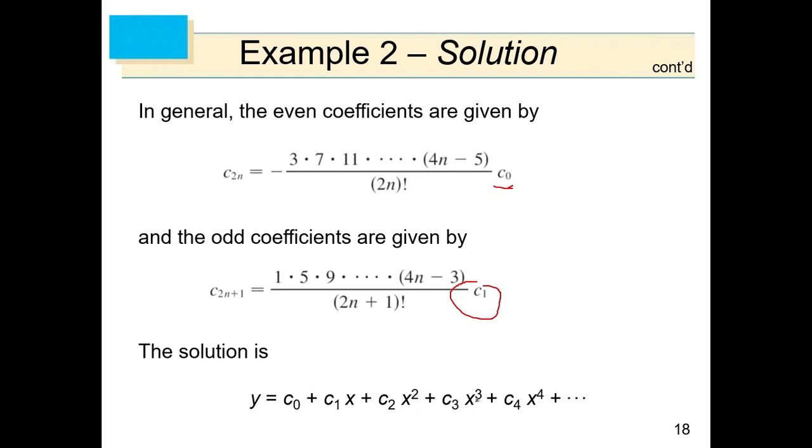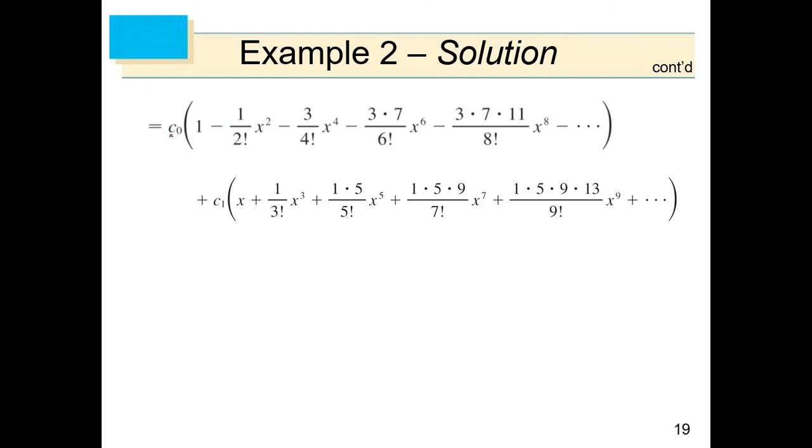plus C3 x cube plus C4 x raised to 4 plus up to infinity, which is equal to C0 into (1 minus 1 upon 2 factorial x square minus 3 upon 4 factorial x raised to 4 minus 3 into 7 upon 6 factorial x raised to 6 minus 3 into 7 into 11 upon 8 factorial x raised to 8 minus up to infinity) plus C1 into (x plus 1 upon 3 factorial x cube plus 1 into 5 upon 5 factorial x raised to 5 plus 1 into 5 into 9 upon 7 factorial x raised to 7 plus 1 into 5 into 9 into 13 upon 9 factorial x raised to 9 plus up to infinity).